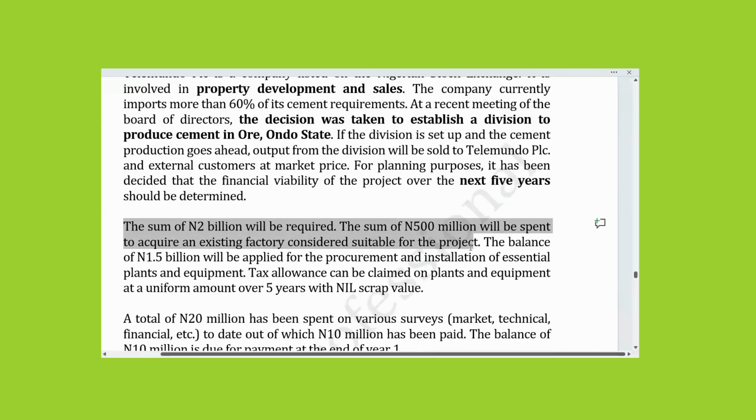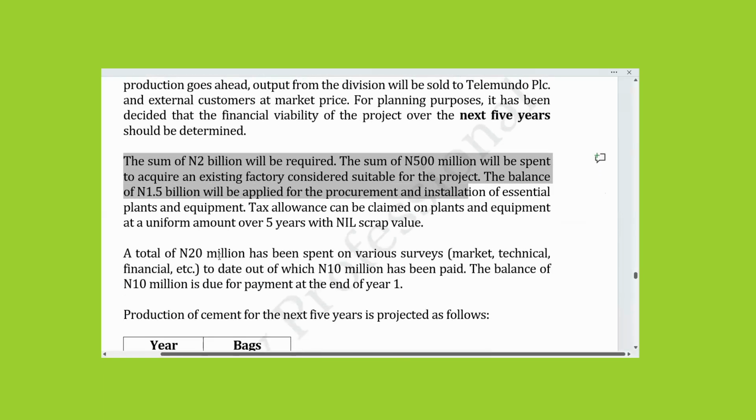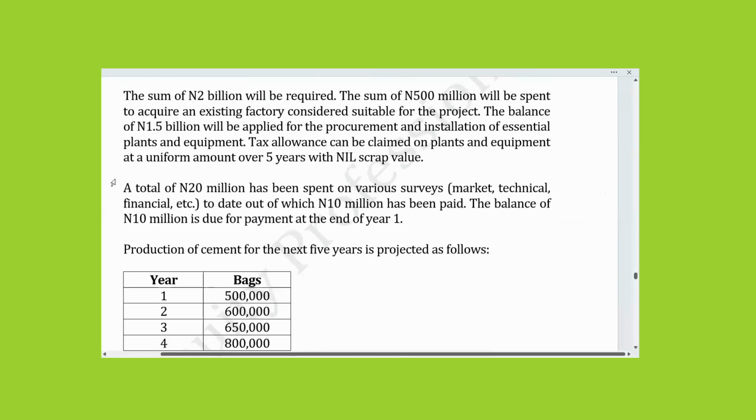The balance of 1.5 billion naira will be applied for the procurement and installation of essential plant and equipment. Tax allowance can be claimed on plant and equipment at a uniform amount over 5 years with no scrap value. That's just talking about the initial outlay. We're coming to that.